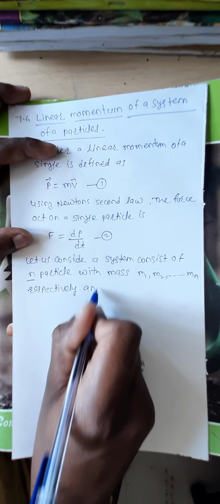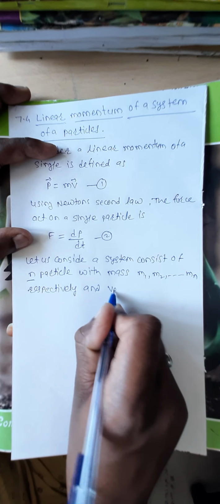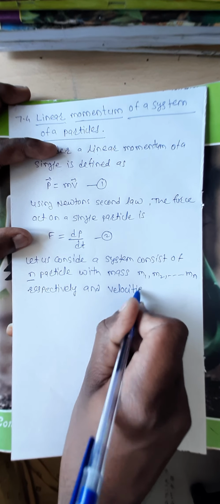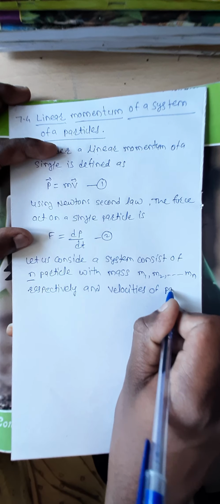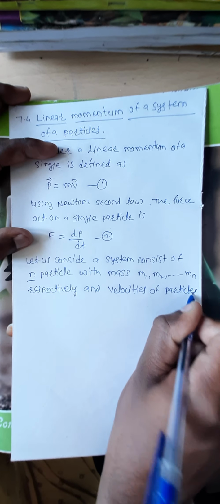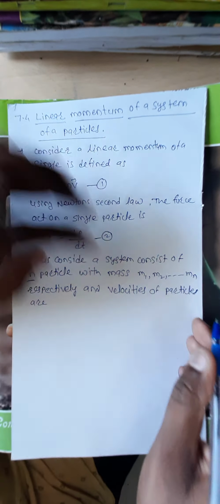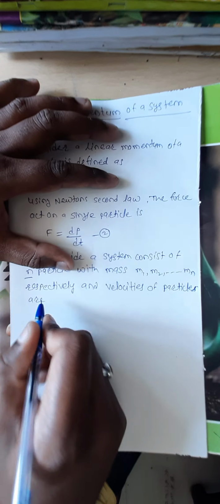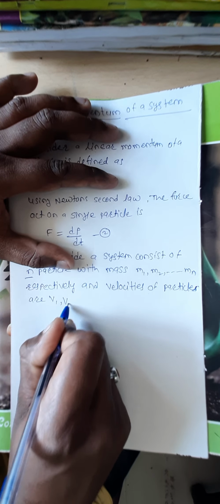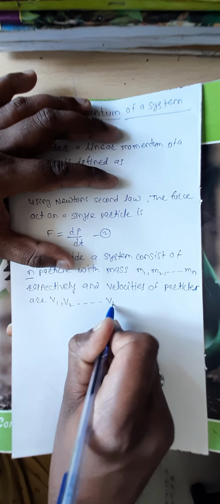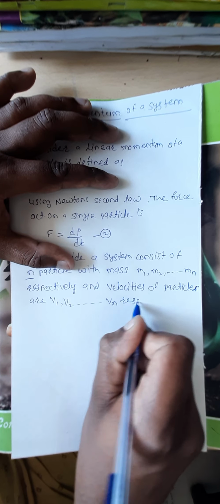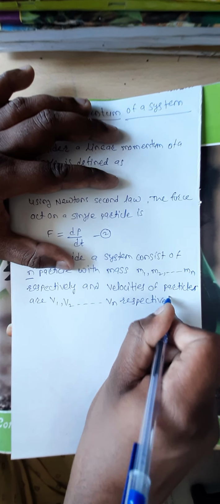The particles move with velocities v1, v2, v3, and so on up to vn respectively.